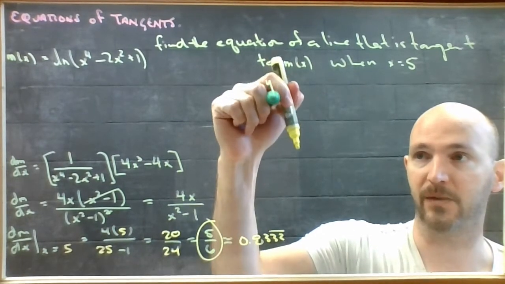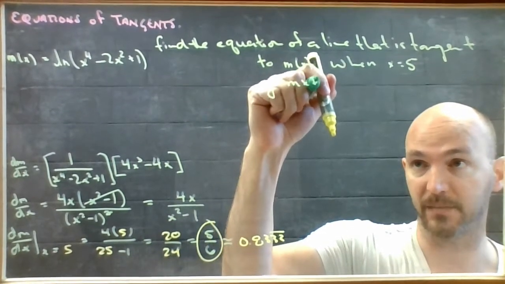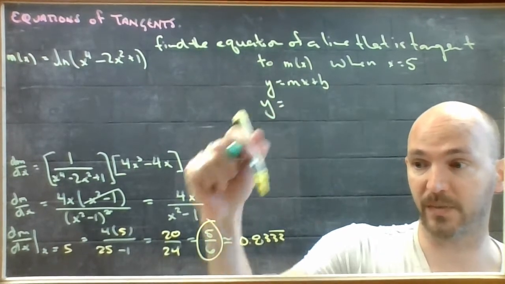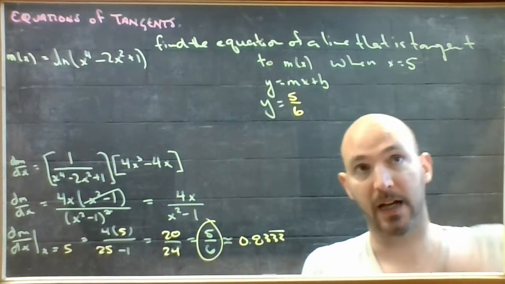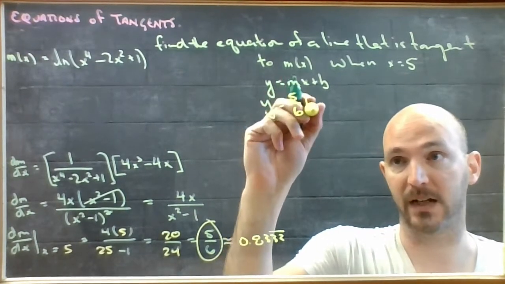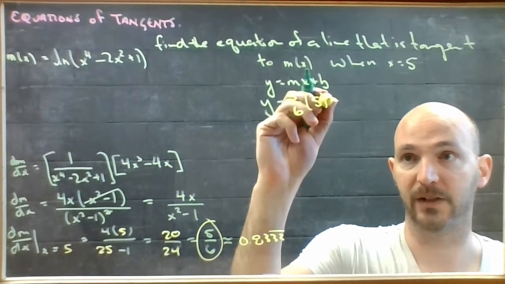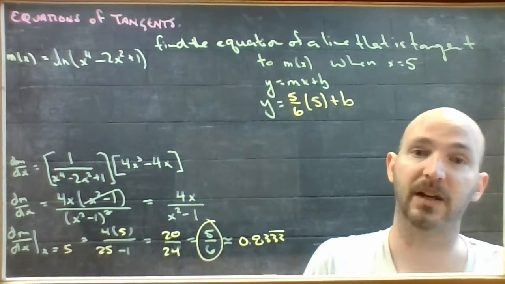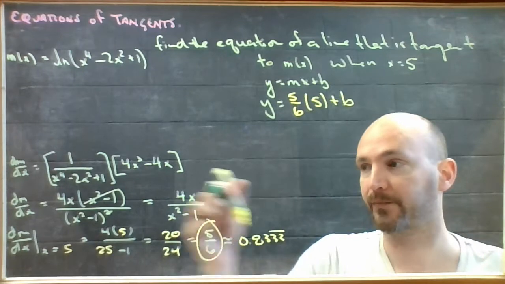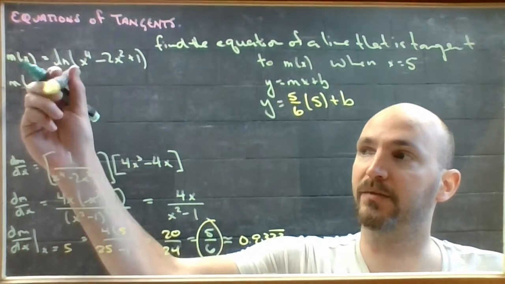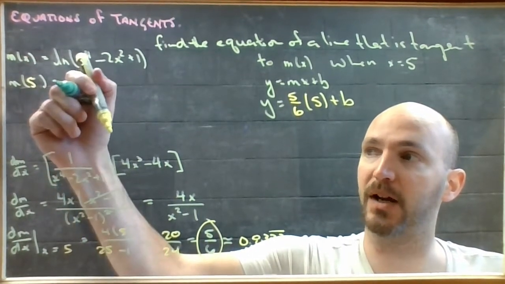So far in my equation, y equals mx plus b, I have that the slope is 5/6. I have an x value already of 5. I do not have the y-intercept. If I could get a y value at 5, then I would be able to plunk it in here. So the function evaluated at 5 will give me my y value.